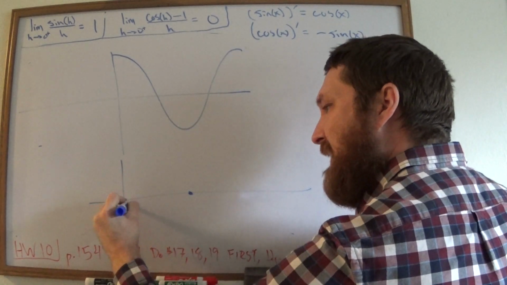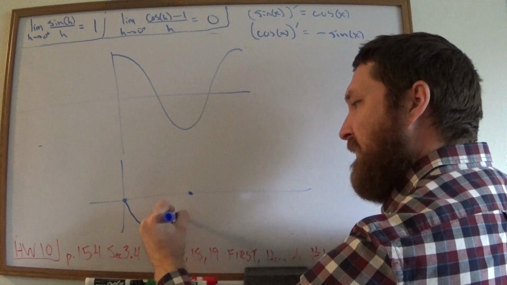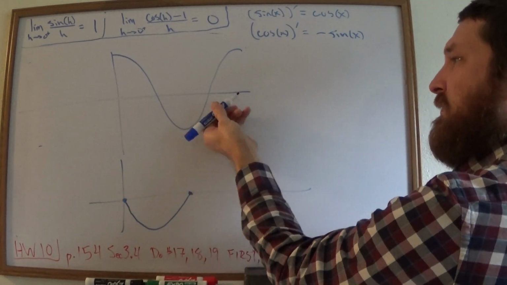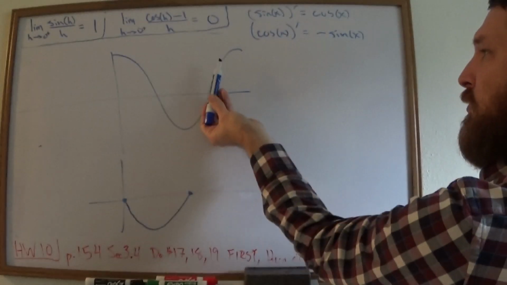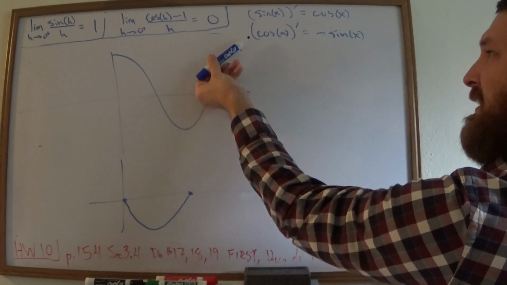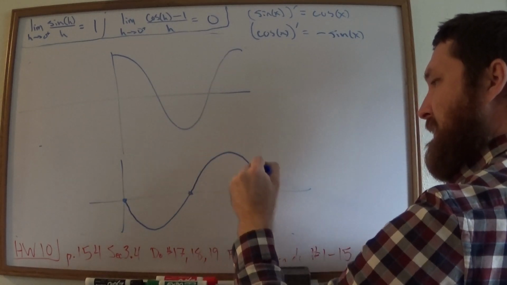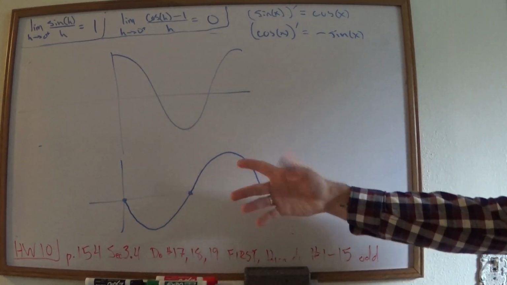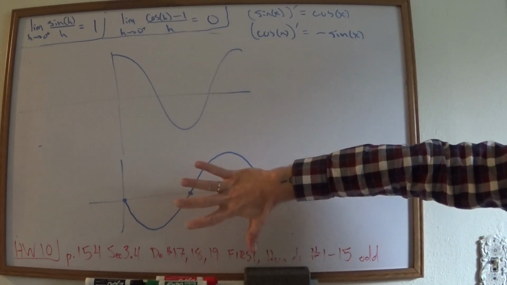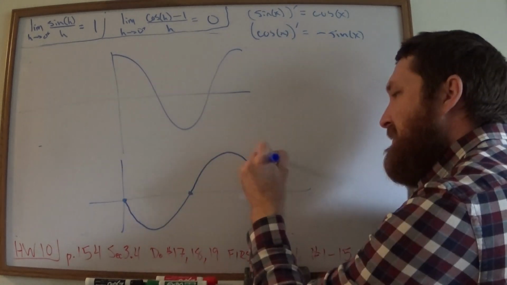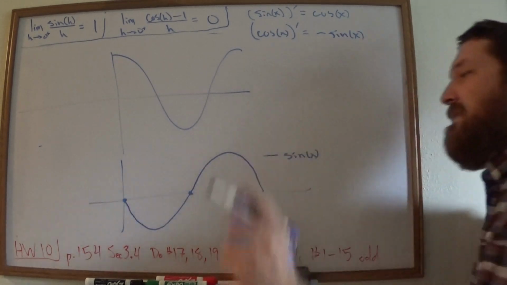So it's negative, gets more negative, and starts getting less negative and comes up like that. Here it's at 0, now it's positive the whole time. It's positive, gets more positive, then starts getting less positive, till it gets back to 0. So it does something like this. And so its sign has just been negated. We took the sine values and made them negative. This is negative sine x.